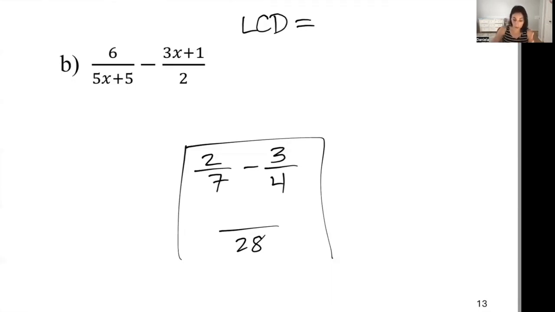So you're going to be super careful. This is a binomial, so I would put parentheses around that, right? I would actually just do the same thing here. That's also a binomial. Those parentheses are going to make things a lot clearer for us. So I always say, again, put parentheses around those binomials.